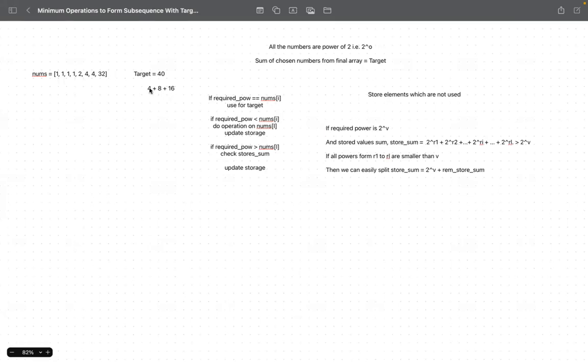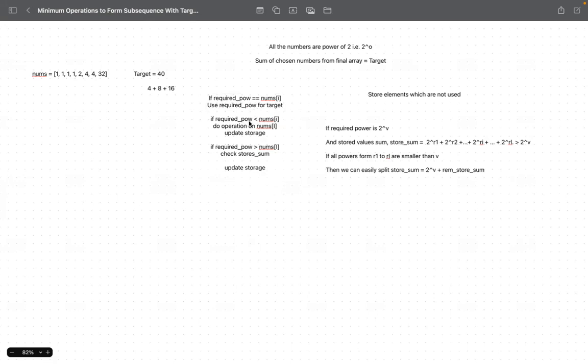Like the required power here is 4 if you're starting from left, and nums is 4. If these are equal, then just use this power for the target. So this is the first condition.